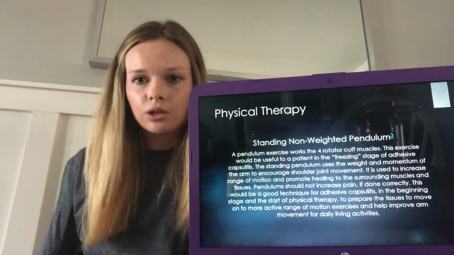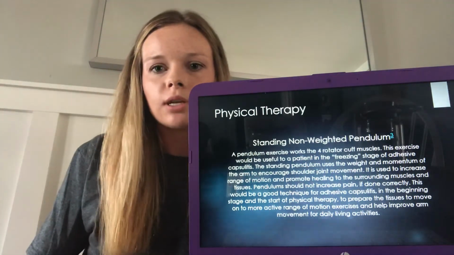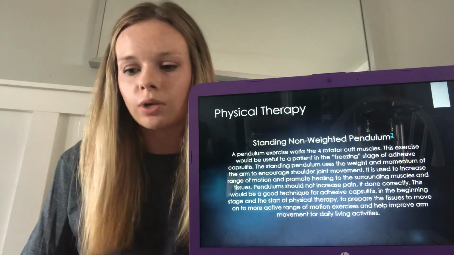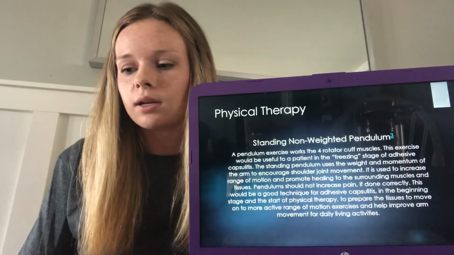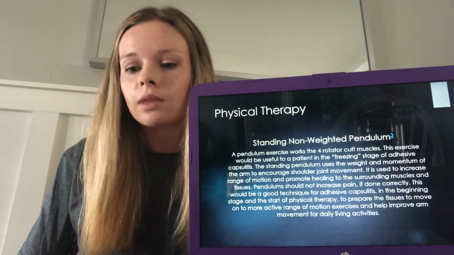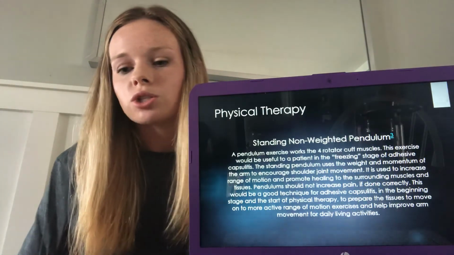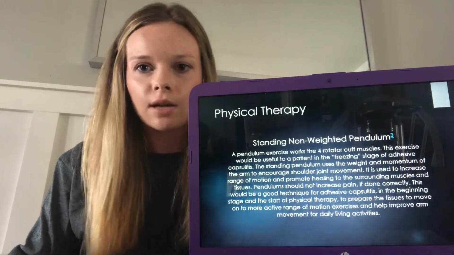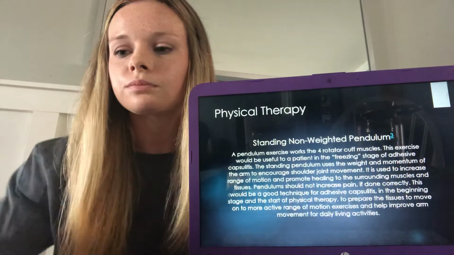It is used to increase range of motion and to help promote the healing of the connective tissue surrounding the shoulder joint. It should not increase pain as long as it is done correctly. And it also is good for helping in the beginning stage so that you can go on to more advanced exercises, such as using a weight or so on.